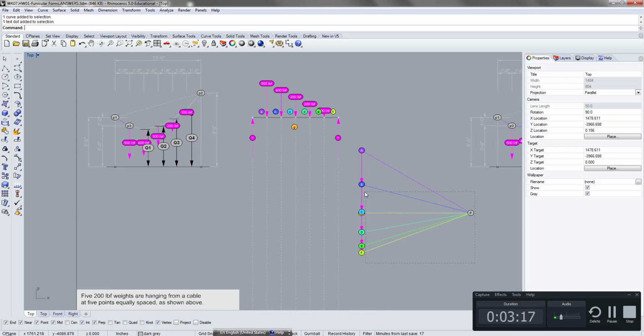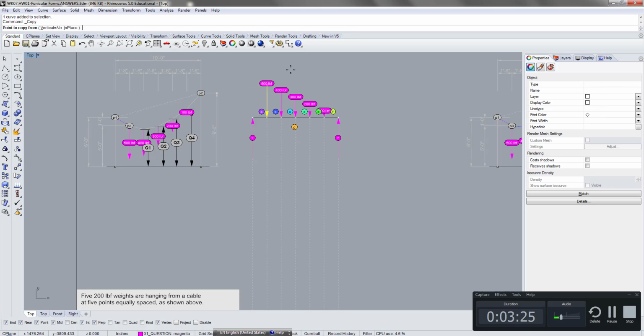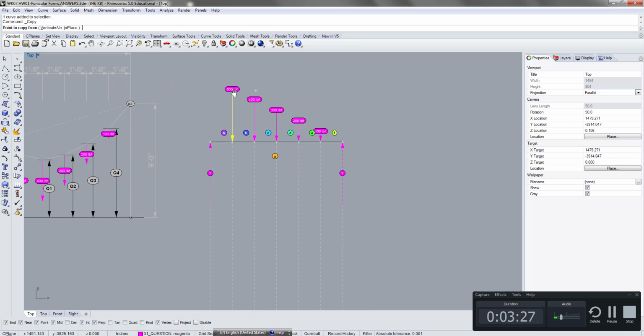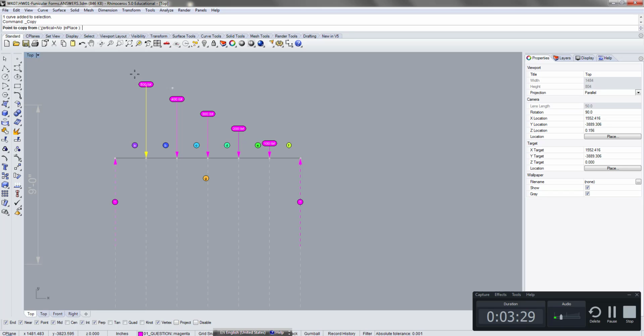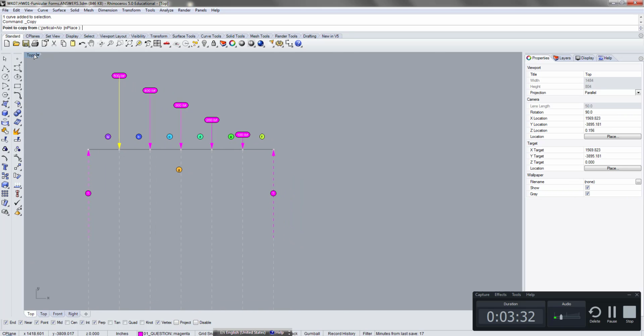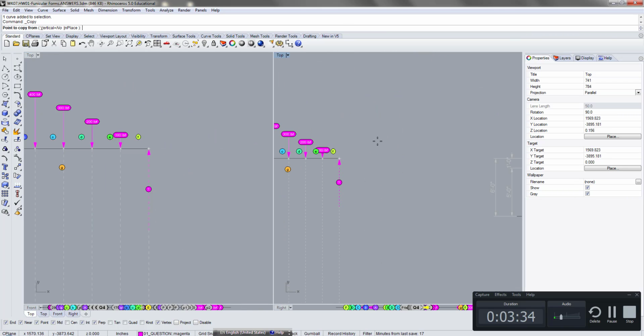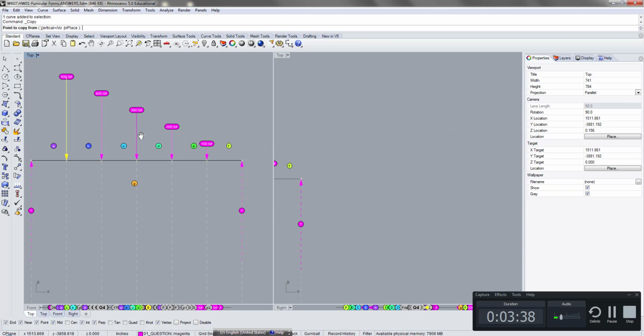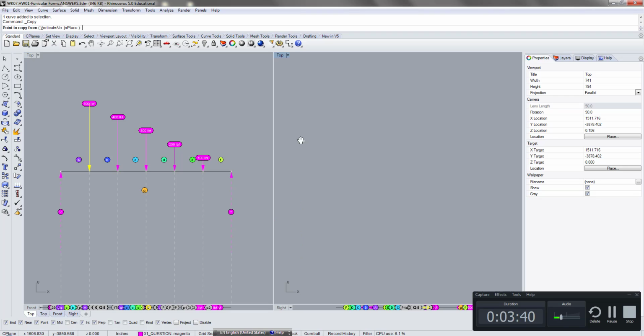Let me even do this part 2. The way to construct the force diagram is by starting here. On the left side we were looking at the loading diagram, and we're going to construct the force diagram on the right.